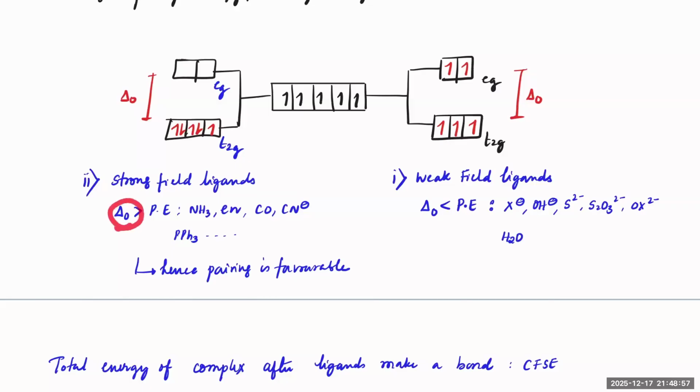In that case, delta naught will be greater than pairing energy, hence pairing is more favorable.